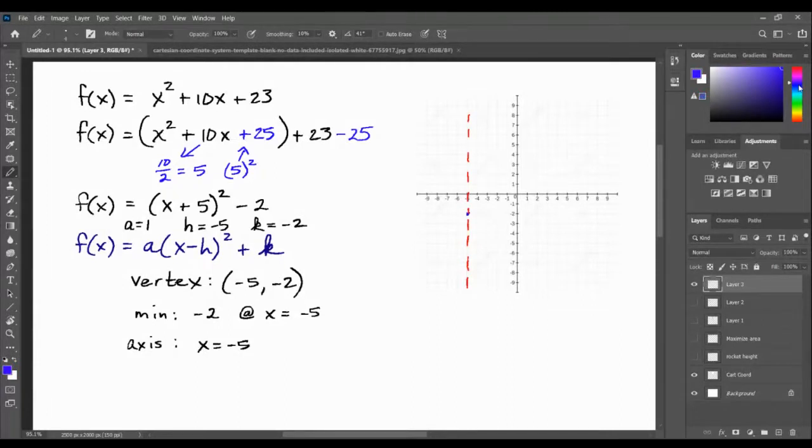And now I can either pick x values that are next to the vertex, say negative 4. If I plug that in, and I'm plugging them into this formula here, so negative 4 plus 5, let's do that. Let's do an f of negative 4.